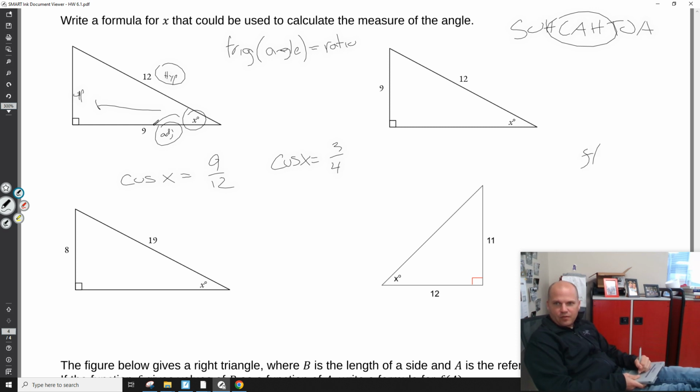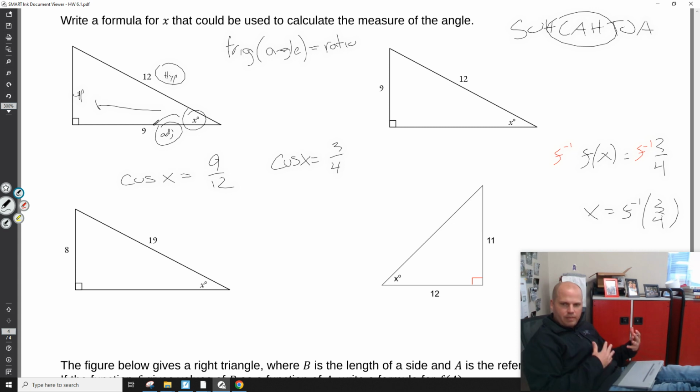If I had f of x equals 3/4 and I said, hey, write an equation for x equals, you would use the inverse to get rid of f. So the whole idea of flip-flop points, right? You'd say, well, x equals the inverse of f at 3/4. It's like mapping it back. Well, that's what we're going to do here, just understand that to undo cosine, use the inverse. We'll call it cos inverse.